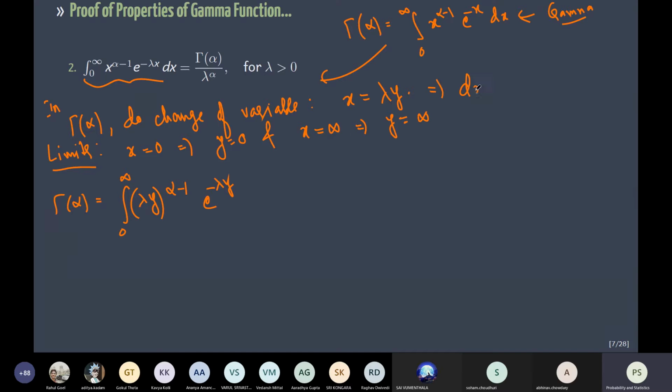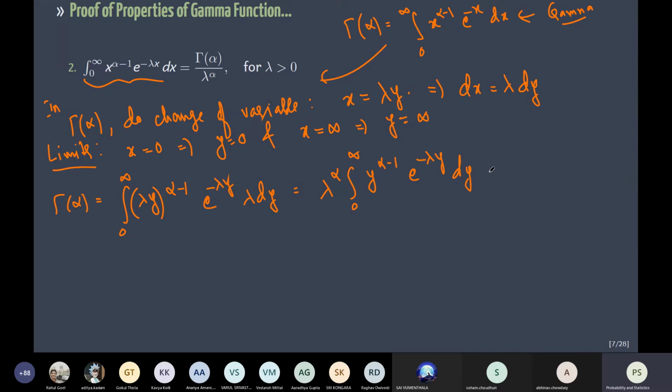From here we have dx is lambda dy. So in place of dx we have lambda dy, and constants we will bring out. What are the constants here? Lambda is a constant, so lambda to the alpha minus 1 is here, and then one more lambda here. So lambda to the alpha will come out, and then it's 0 to infinity of y to the alpha minus 1, e to the minus lambda y dy.